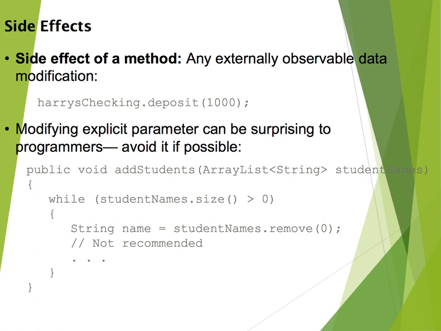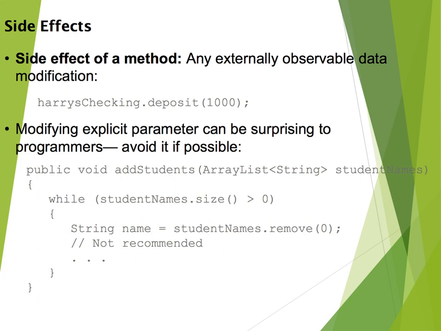Any externally observable data modification of a method is called its side effect. For example, when you are calling the deposit method on a bank account, you're observing the change in the balance variable of that class, right?